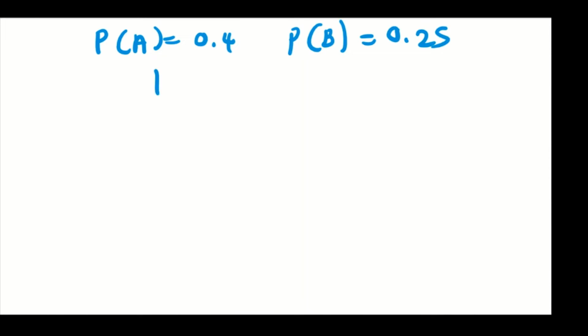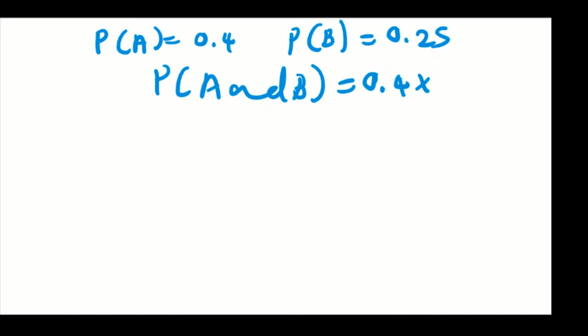So we have the probability of A being 0.4, the probability of B being 0.25, and the probability of A and B is 0.4 times 0.25, which is equal to 0.1.